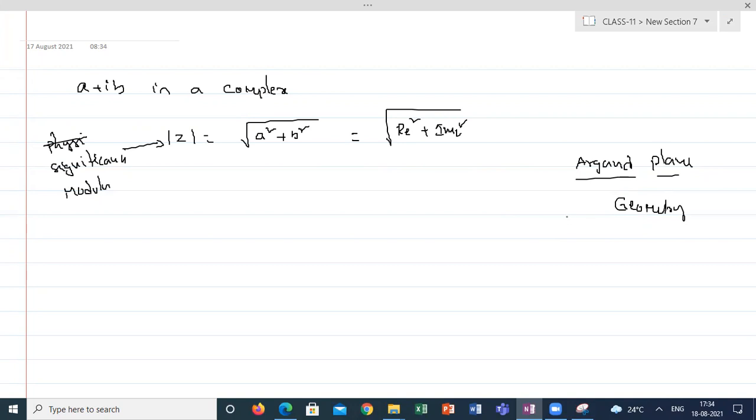We have different reference systems: real axis, coordinate axis, three-dimensional coordinate axis, cylindrical coordinates, polar coordinates, and the Argand plane.